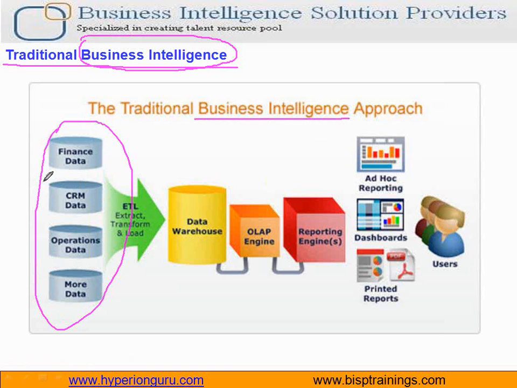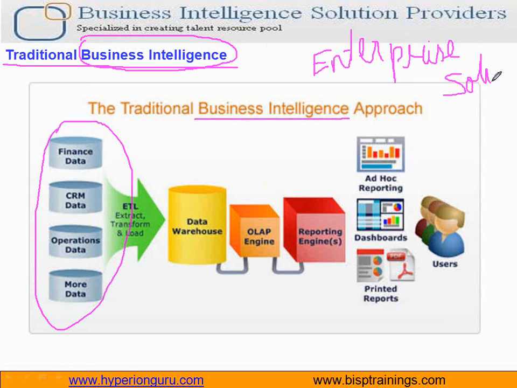Do you see one thing interesting over here? You have data from different departments: finance, HR, operations, marketing, all departments. So conventional BI is basically an enterprise solution. It was not a departmental solution. If I want to implement business intelligence, I need adequate money, and I can build business intelligence for the enterprise across different departments.